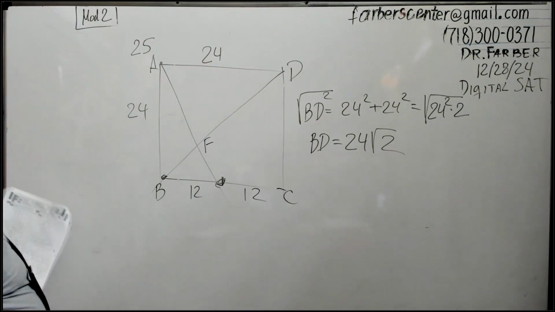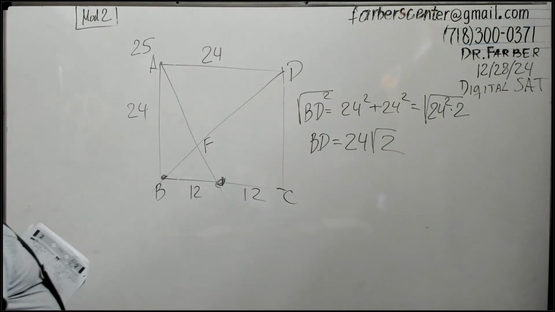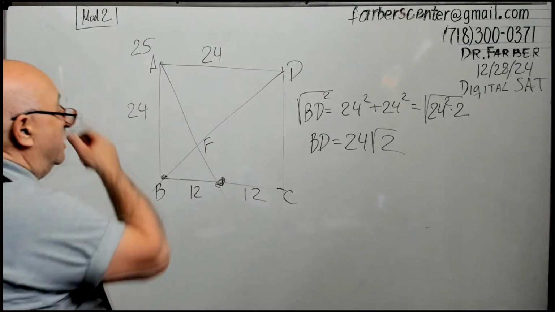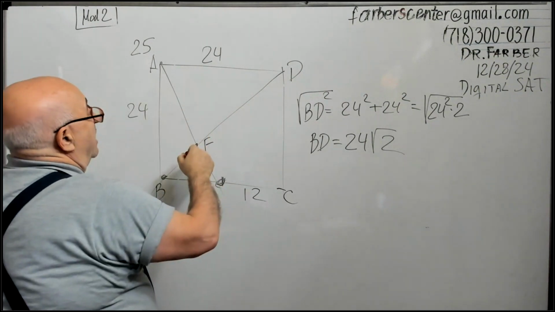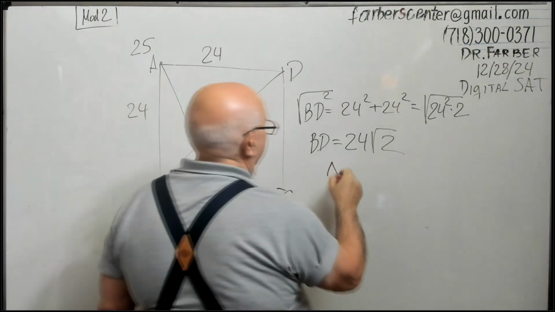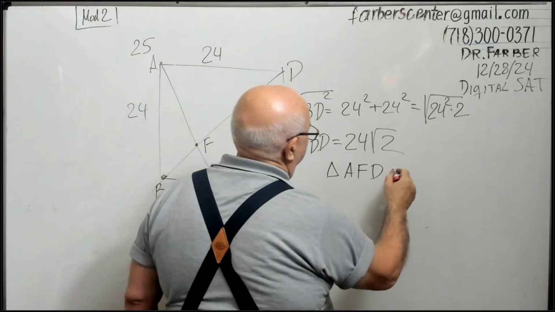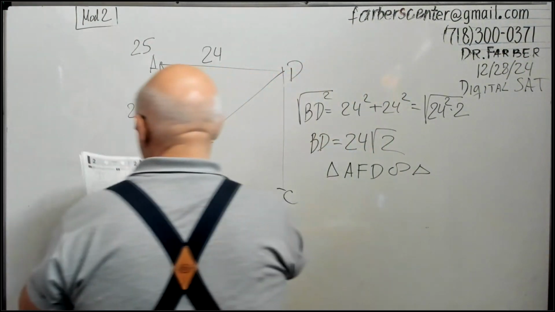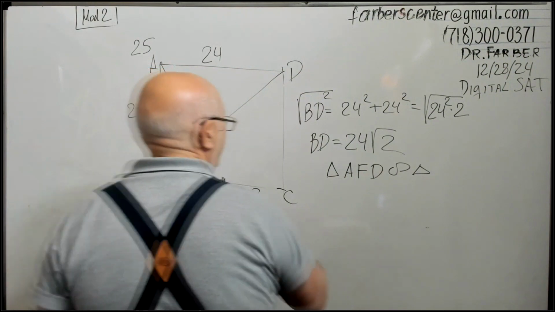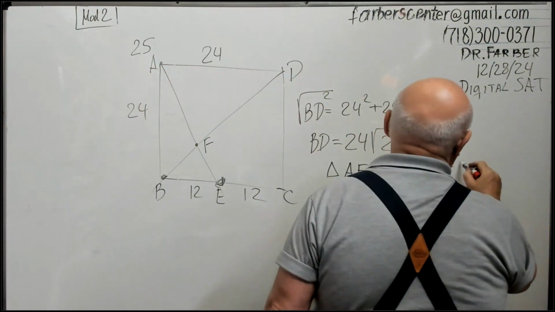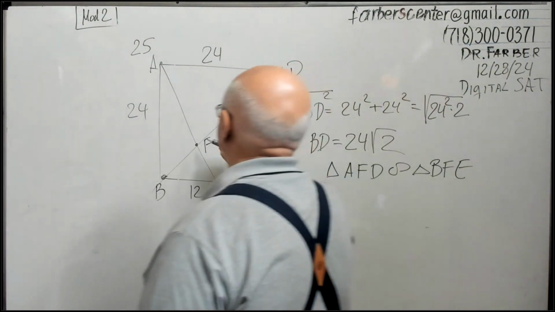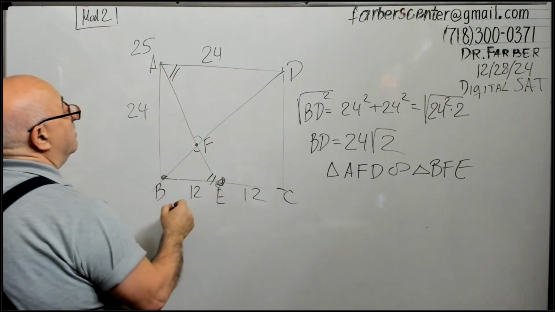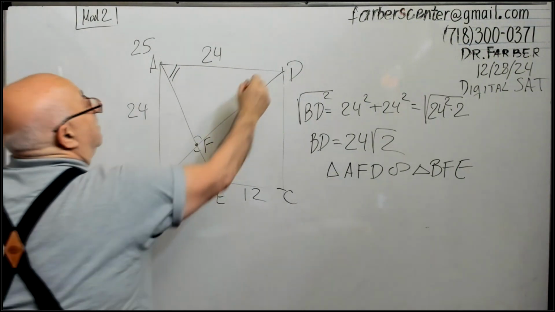And now these two triangles, if you look at this, one more thing here. These two triangles, AFD, are similar to triangle BFE. Why? First of all, the vertical angles are the same. The second, alternate interior angles are the same.